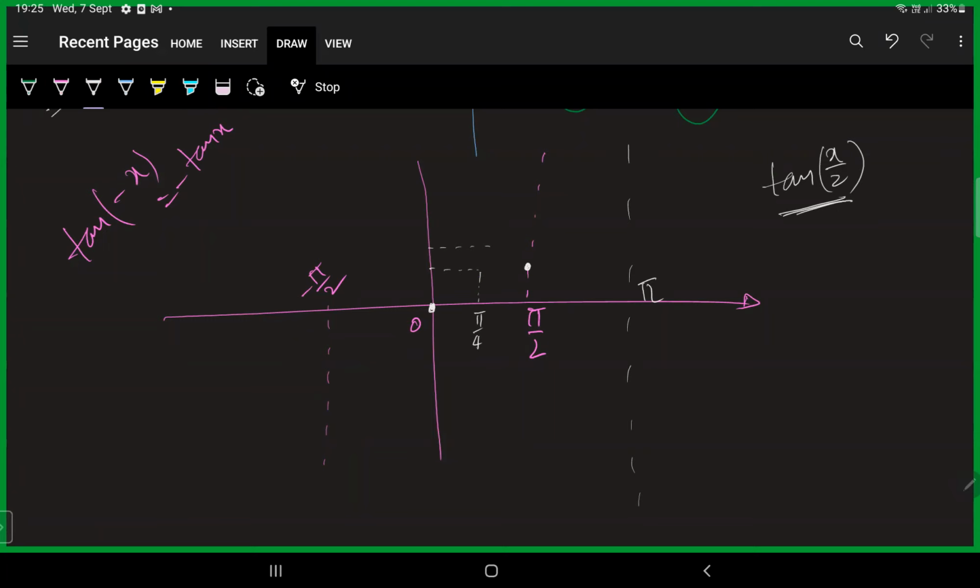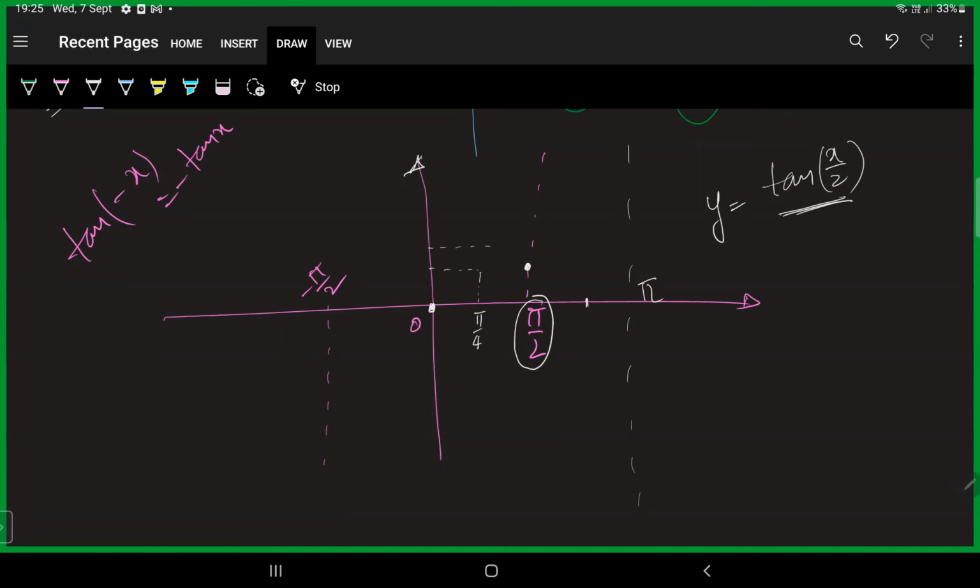If x is equal to pi by 4, then what you are getting, we don't know. So this is y is equal to tan x by 2, right? If you put x is equal to 0, you are getting tan 0, that is 0. If you put x is equal to pi by 2, this value you are putting now, x is equal to pi by 2 here, so this will become tan pi by 4.